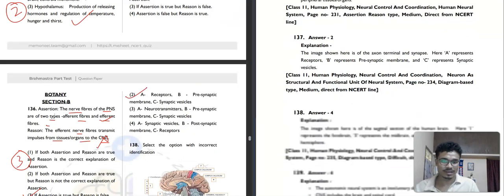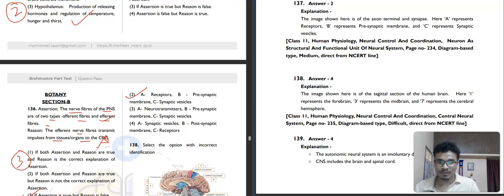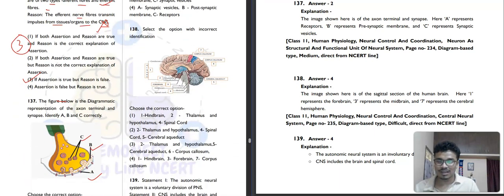Then question number 138 is saying to select the option with the incorrect identification. It's a very good question, and you have to see all the options. First one is the hindbrain. Yes, it is hindbrain. The second one is the thalamus, correct.